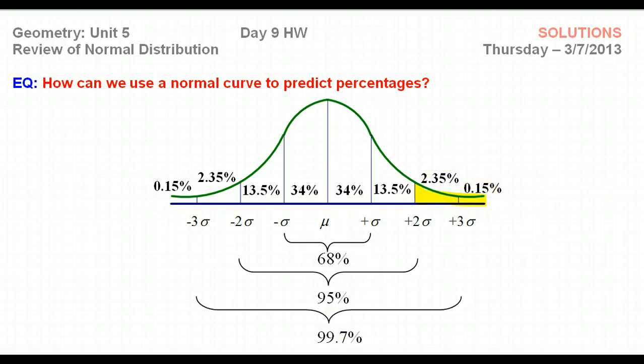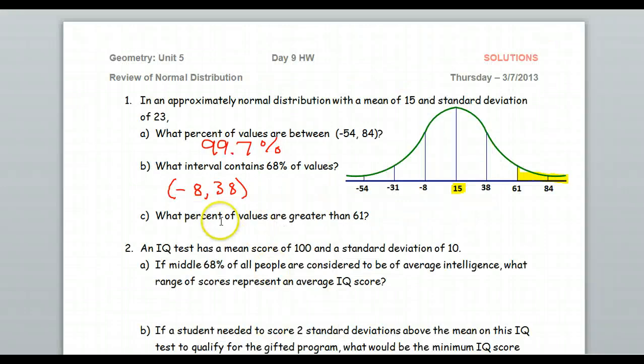If you add those up, you're going to get 2.5. So this would be 2.5% of the data, 2.5% from there to there. All right, so that's it for problem number 1.